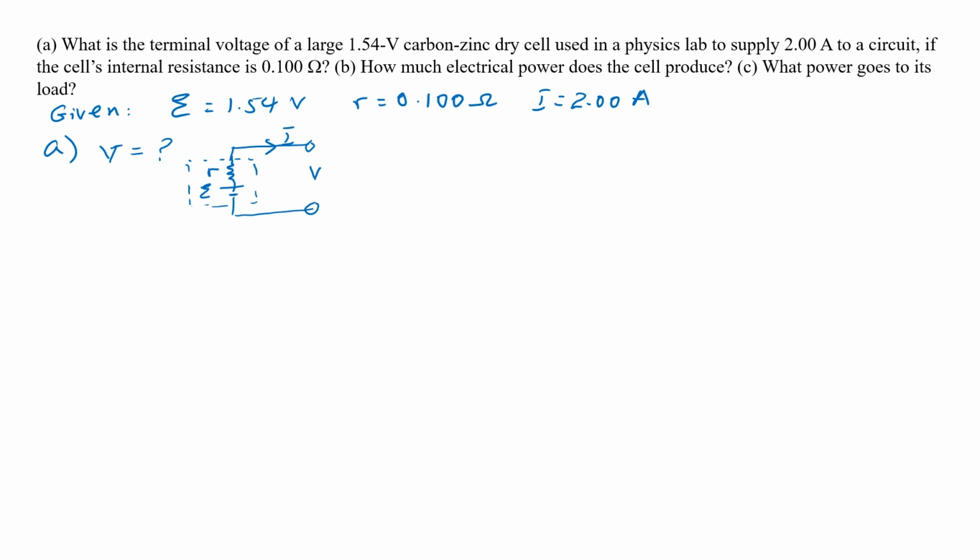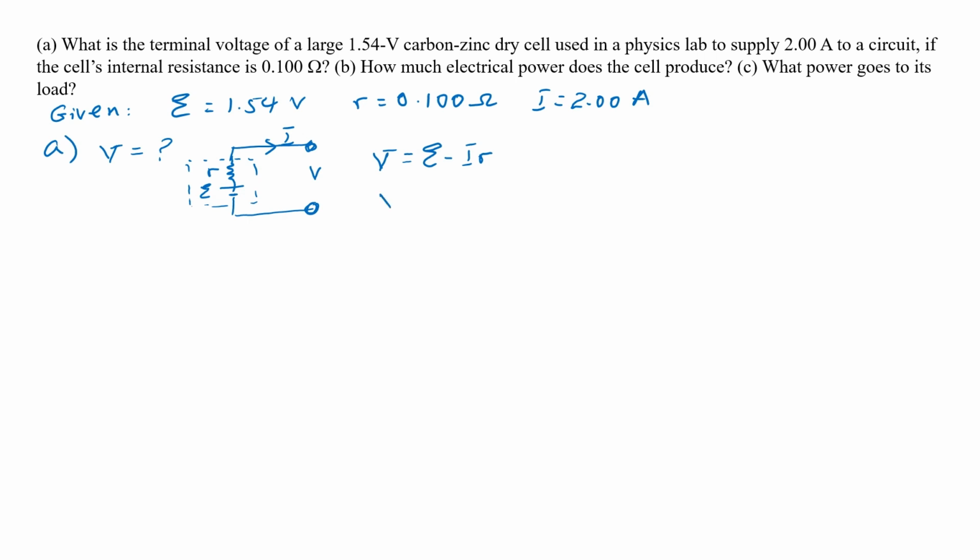Alright, so the voltage at the terminal is going to be the source's voltage, which is E, minus the voltage dropped due to the internal resistance, and that's going to be I times R. Current multiplied by the internal resistance.